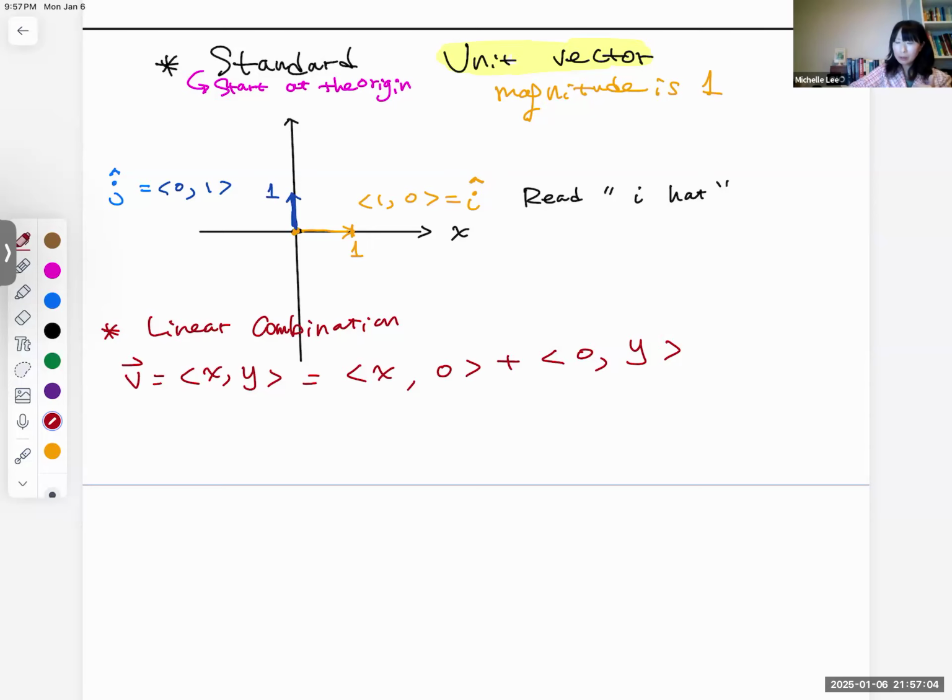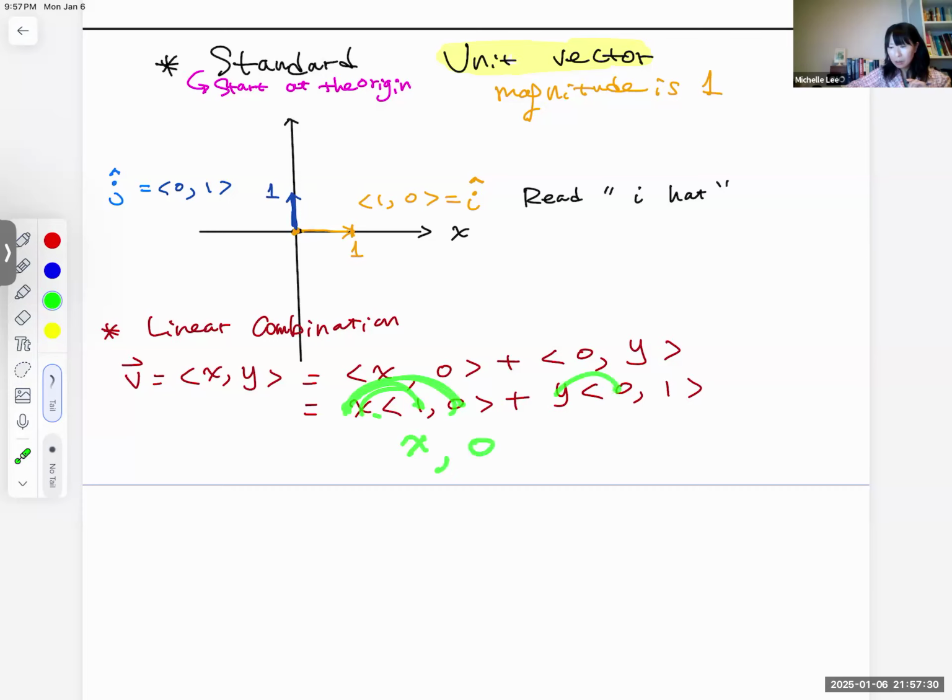Okay, now let's move on. Then we can express this as x times (1, 0) plus y times the vector (0, 1). We can distribute, so think about that. Then we get (x, 0) plus (0, y). Do you agree? Yes?